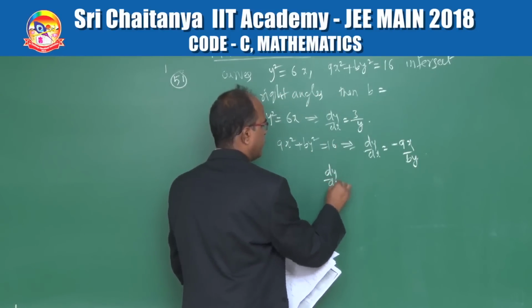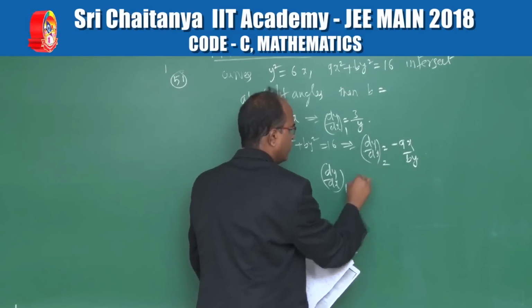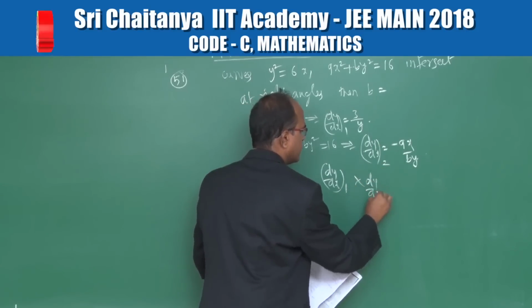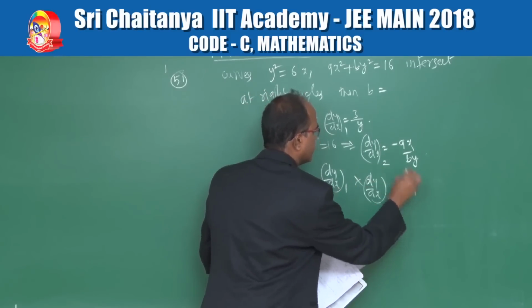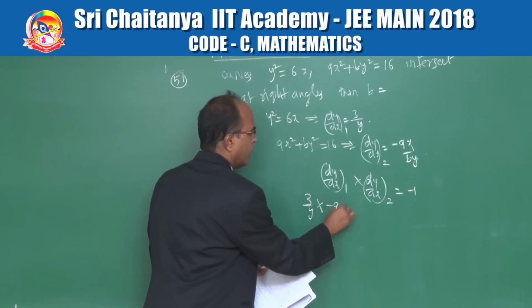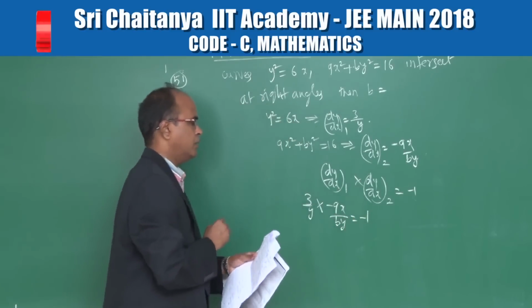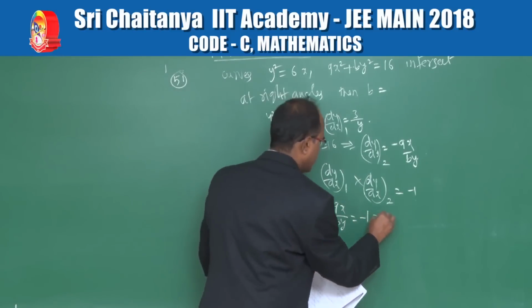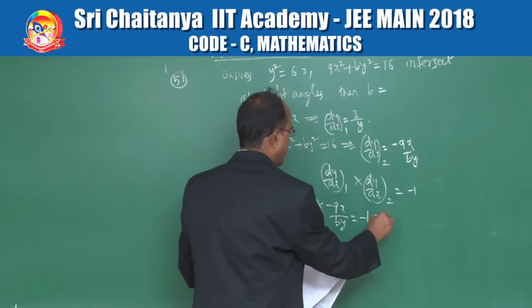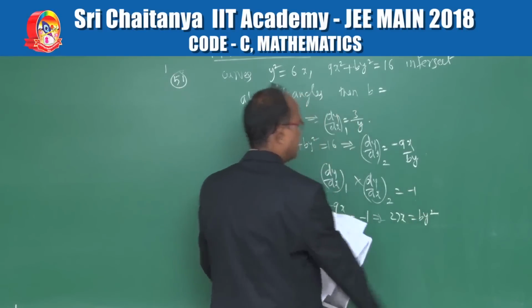the product of dy by dx for the first curve and for the second curve must be -1, so therefore we get 3 by y into minus 9x by by must be equal to -1, giving you 27x is equal to by square.